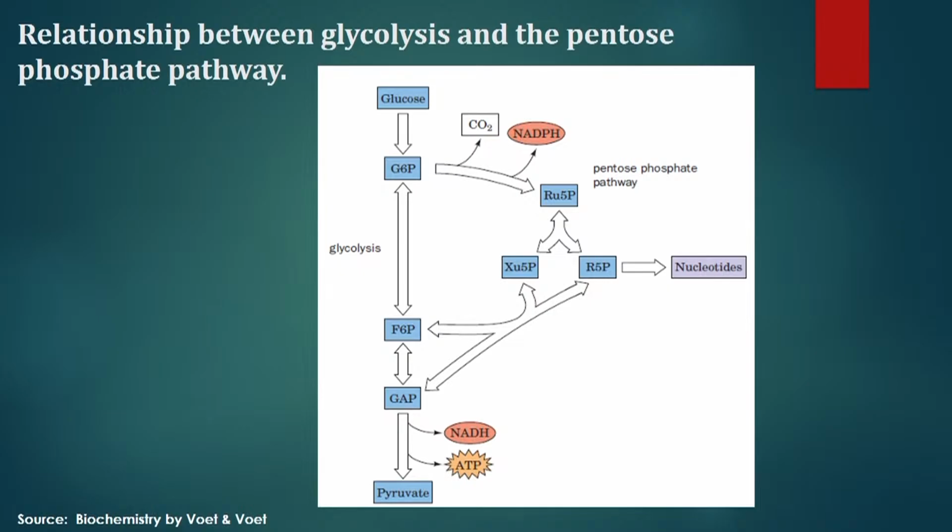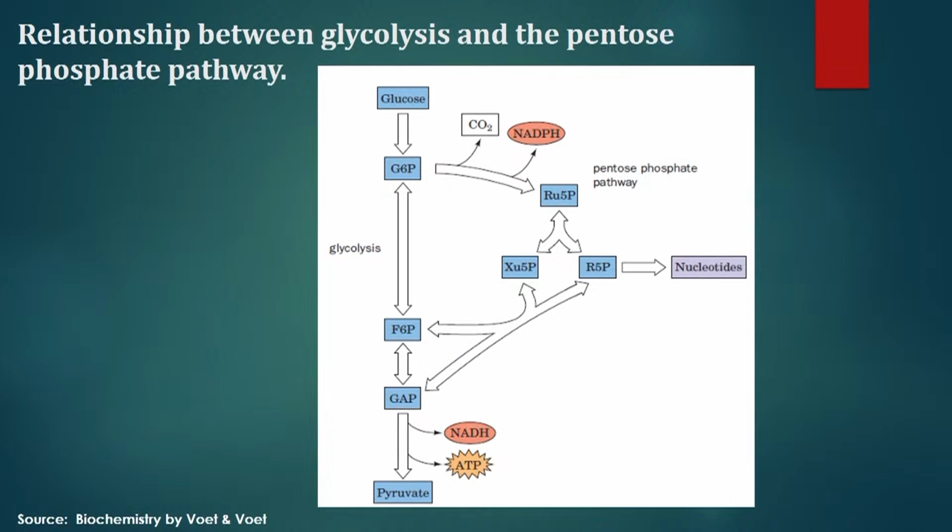On the left hand side, the precursor molecule glucose 6-phosphate enters into the pentose phosphate pathway, where various intermediates are formed, converted into other forms, and then again connect to the glycolysis steps.